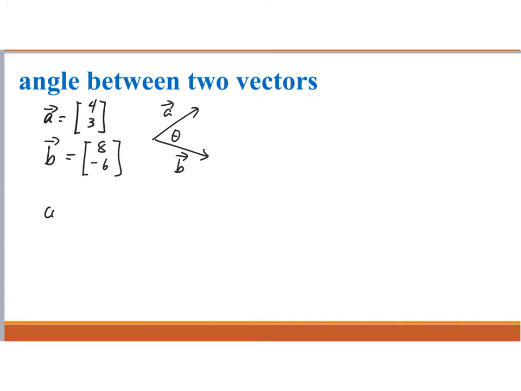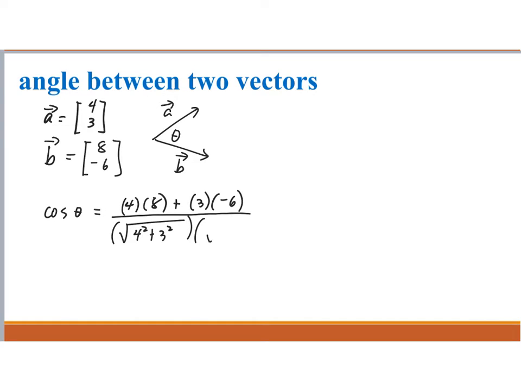So according to the formula, cosine theta should be equal to the dot product of A and B, so 4 times 8 plus 3 times negative 6, divided by the magnitude of A, which is the square root of 4 squared plus 3 squared, times the magnitude of B, which is the square root of 8 squared plus negative 6 squared.